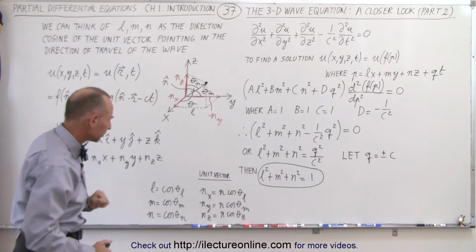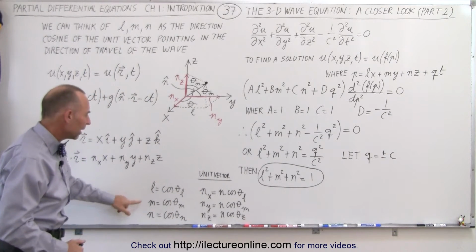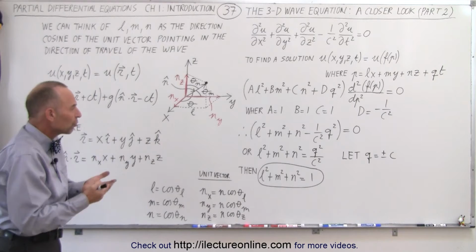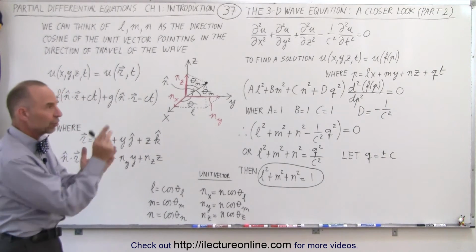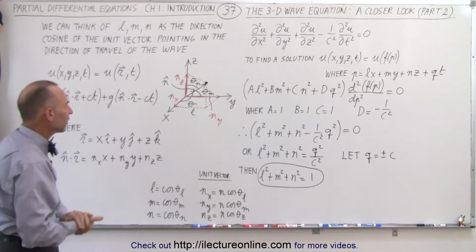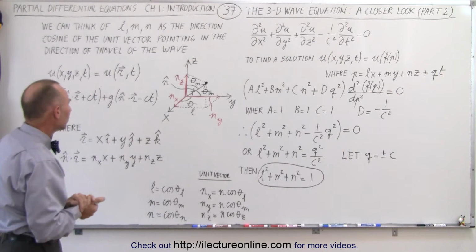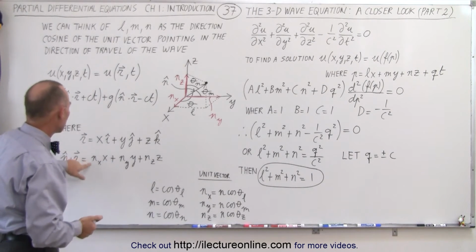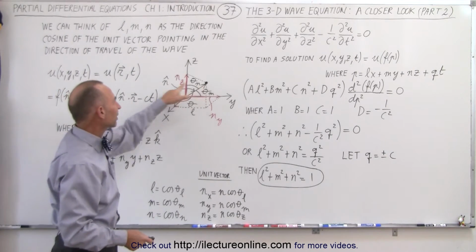So those constants are what we call the direction cosines, the cosine of the angles between the unit vector and the x-axis, the y-axis, and the z-axis.